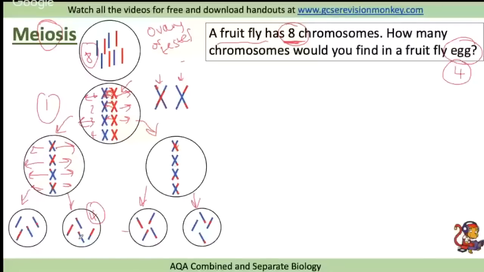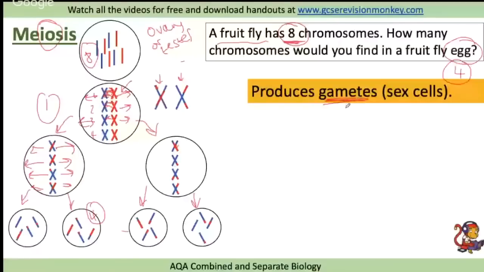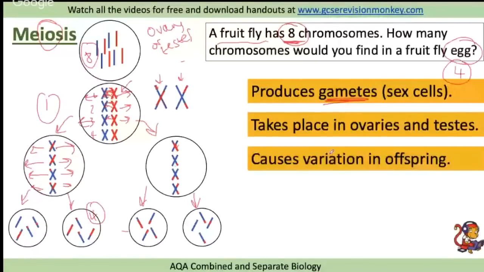They're not the same chromosomes in each one, so they're not identical to each other. And this is the main summary of meiosis. It produces the gametes, which are the sex cells, which in animals are the sperm and egg. It takes place in the ovaries and testes, and it causes variation in the offspring.